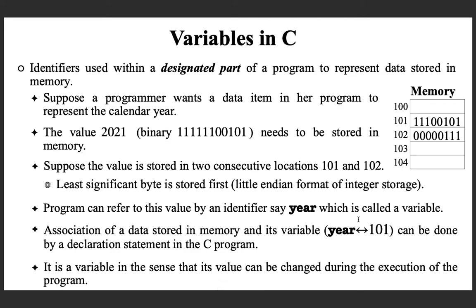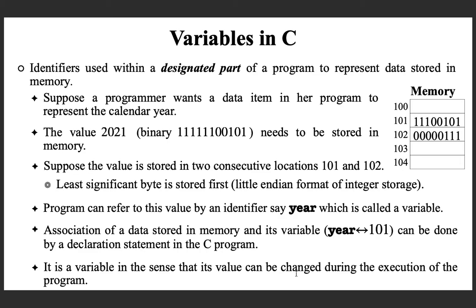And why is such an identifier associated with a memory location holding that data called a variable? It's a variable in the sense that its value, now it is 2021, can be changed during the execution of the program.